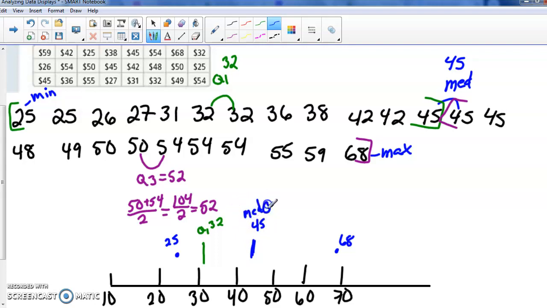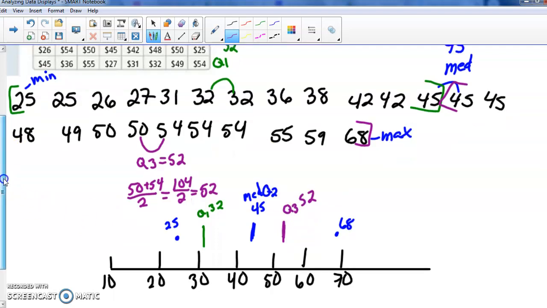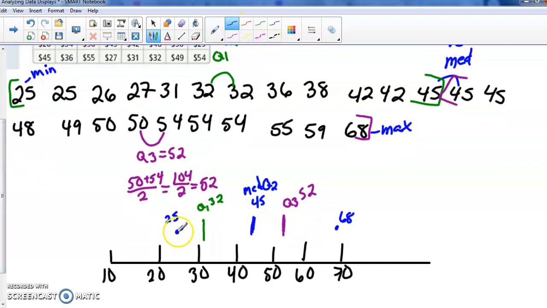The median is also called quartile 2 as well. And then I'm going to put my bar that was my quartile 3, which was 52. And now it's time to connect all the information, which is where the name box and whisker comes into play.